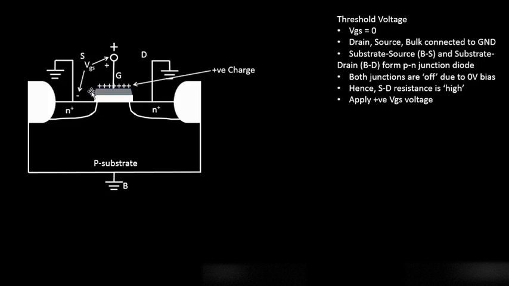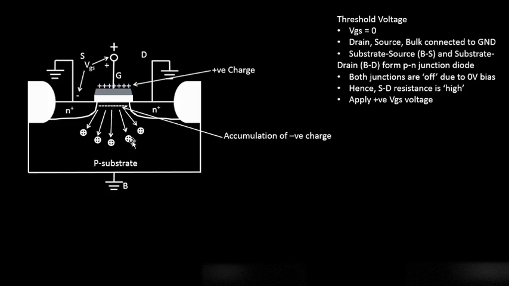Since we are applying a positive potential, it will try to repel the positive charges. Let's say there are 5 positive charges present over here. The gate potential will push all of them towards the interior of the p-type substrate, leaving behind negative charges.